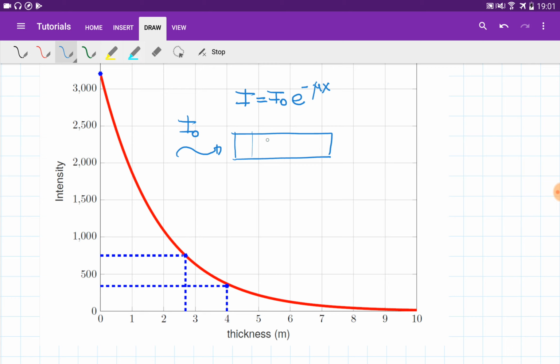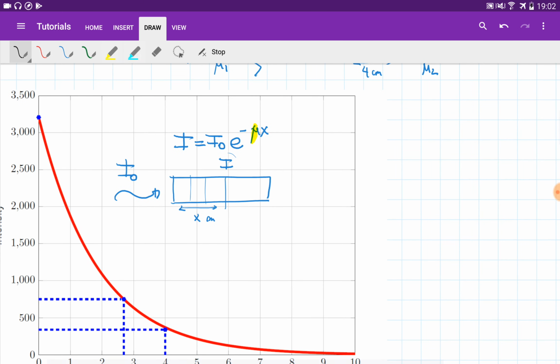As it passes through the material, for example, at the level of x centimeters, I measure its intensity. I would like to know, if I have this intensity after x centimeters, what is this mu, the attenuation coefficient? If I know everything in this formula except this mu, is it possible to find it? It appears yes, we can find it.